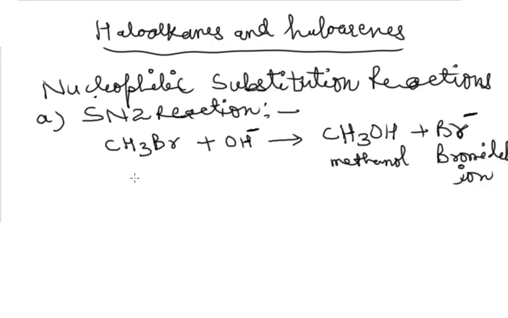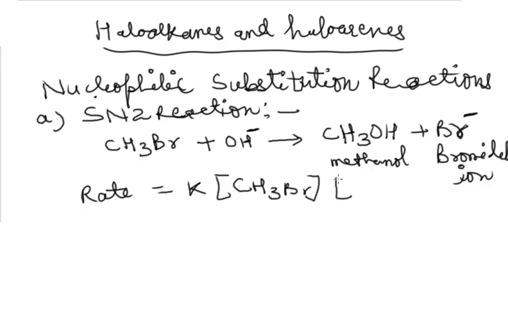So if we want to express the rate of this reaction, the rate is equal to k [CH3Br][OH minus], that is the hydroxide ion. In fact CH3 is the methyl or the primary alkyl halide.